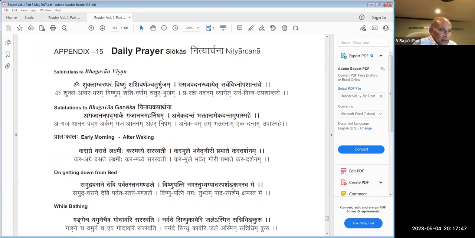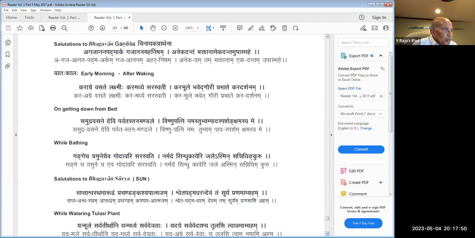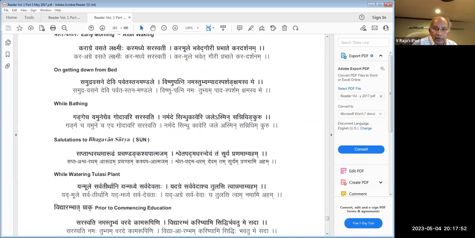And then when you are taking a bath, the water that is pouring on you, you think that all the river waters are combined in it. So: Gangecha, Yamunecha, Godavari, Saraswati, Narmade, Sindhu, Kaveri, Jale Asmin Sannidhim Kuru.